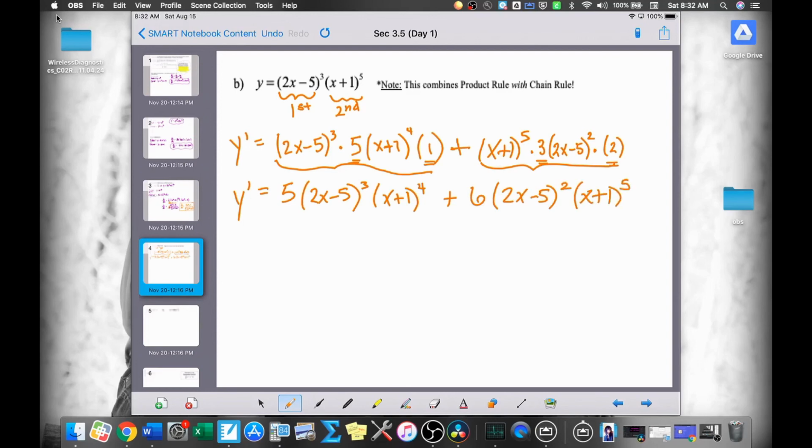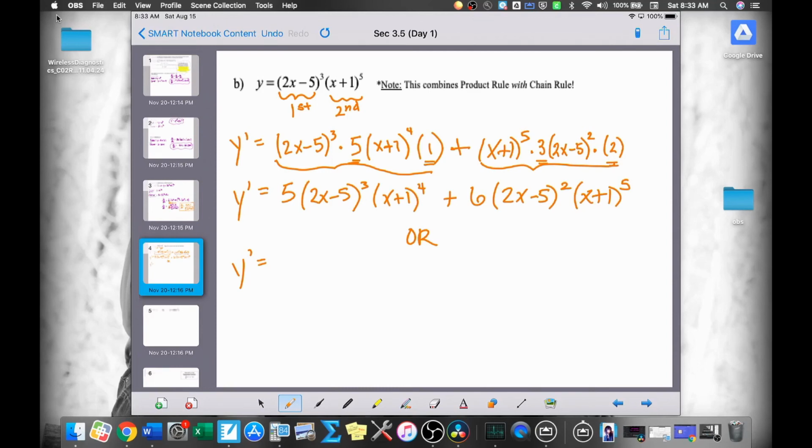Now, in terms of GCF, you know that both of your terms have families of 2x minus 5 and families of x plus 1. So you could simplify further by pulling out those families. So I'm going to put an or here, and I'm going to show you what I mean, just because this might be something that you would see as one of your answer possibilities in the multiple choice portion of an AP test. I can't pull a GCF out of 5 and 6, so those are going to stay where they are.